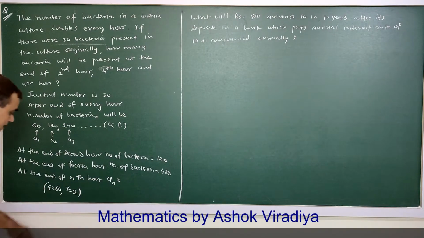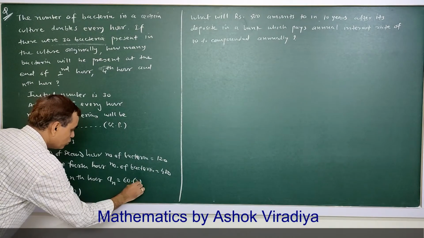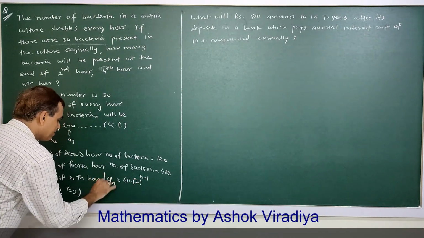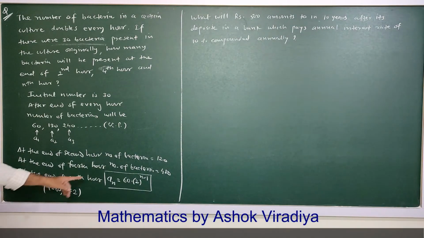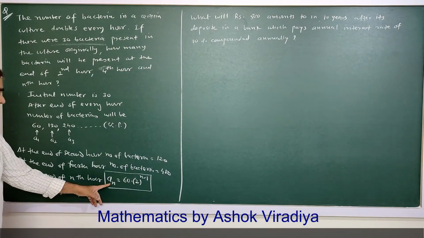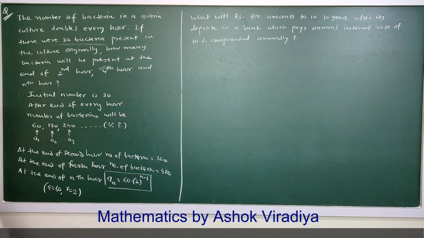So nth term is A into R raised to n minus 1. So nth term will be number of bacteria at the end of nth hour, A into R raised to n minus 1. So this is required value.